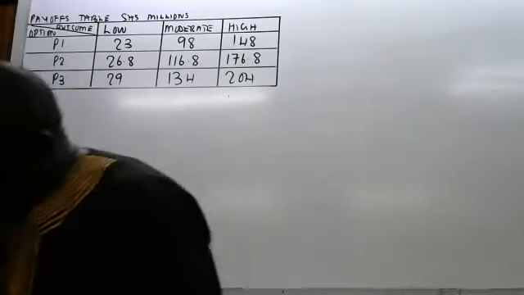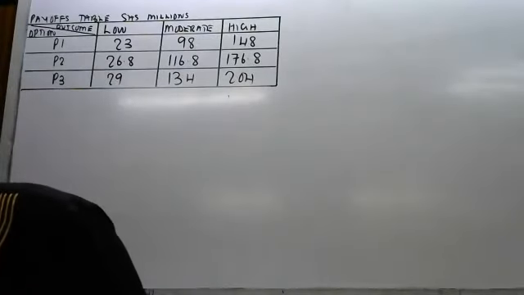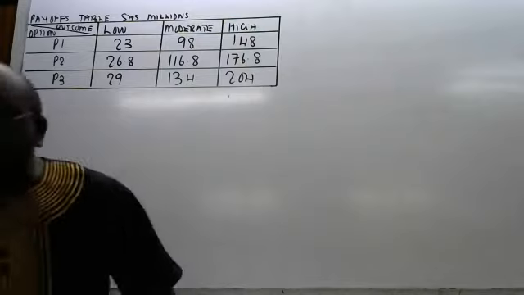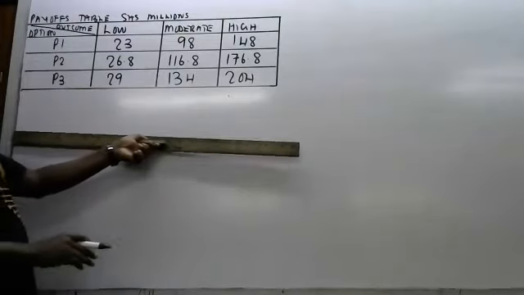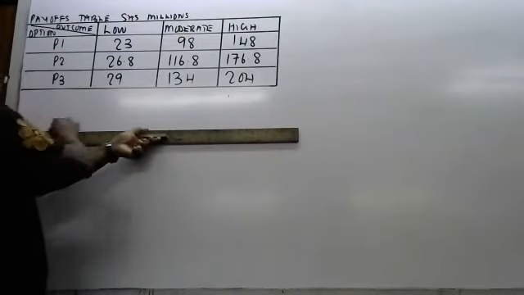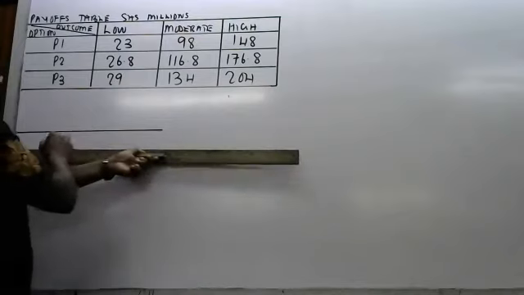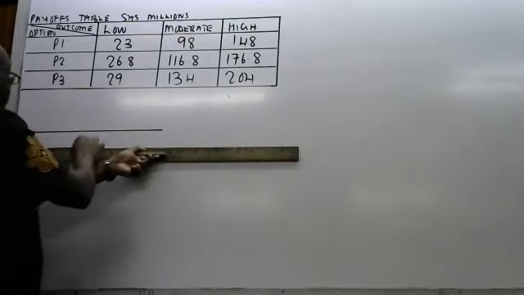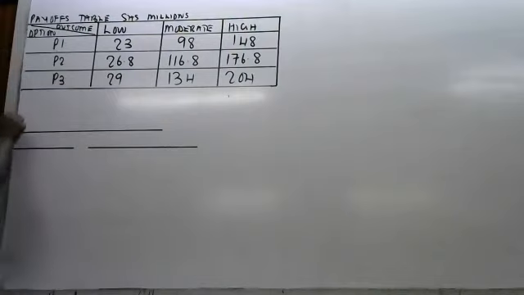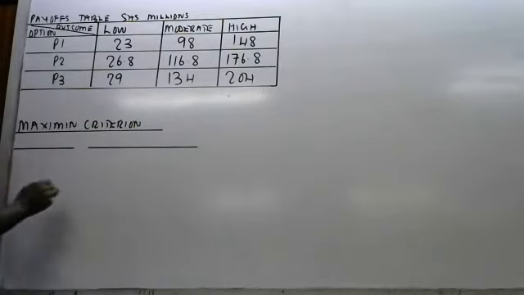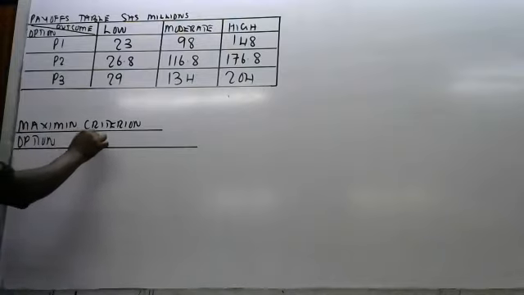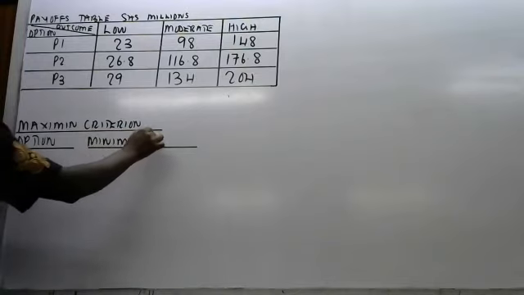So if we are okay with that, the next thing is the type of pen to be produced using the maximin criterion. When you are using the maximin criterion, or rule, here we normally have the option, and then you will extract the minimum payoff.